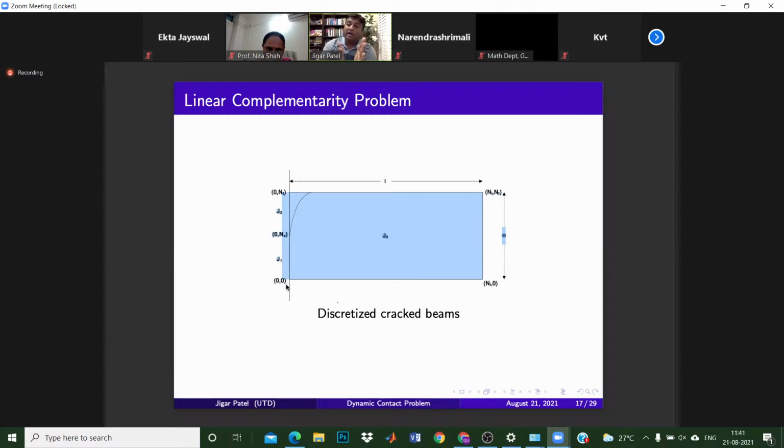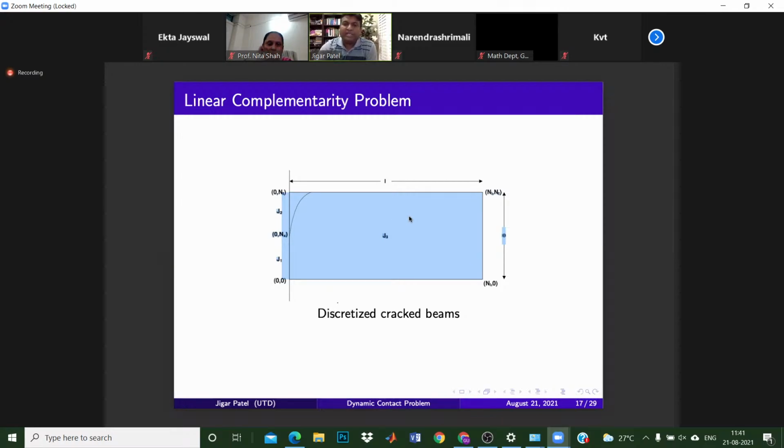Then there are points that are not glued to the wall. These are the points that are going to lead to crack opening and closing as the beam vibrates up and down, right? And then J3 represents all those nodes that are not a part of J1 and J2, right?